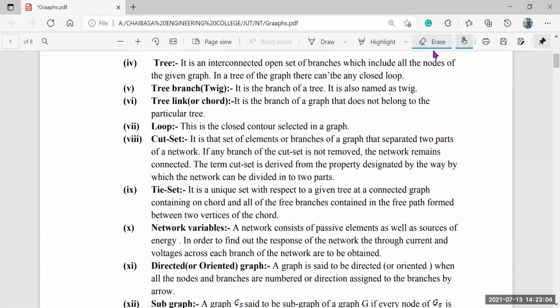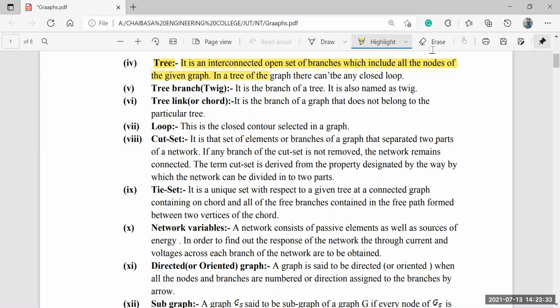So what is a tree? A tree is an interconnected open set of branches which includes all the nodes of a given graph.